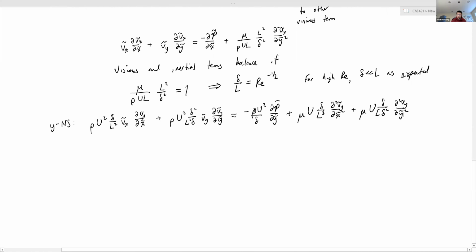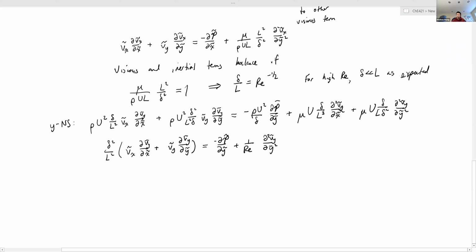If we, for instance, divide through by rho u squared over delta now, then what we get is delta squared over L squared times the inertial terms times that.